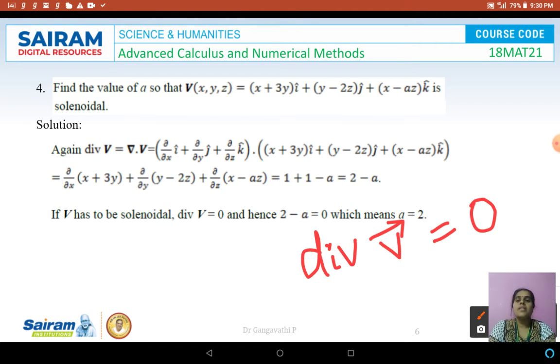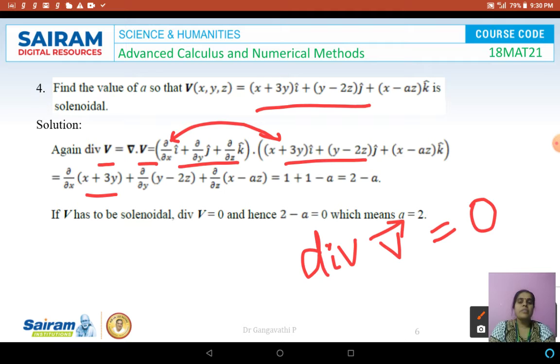So now consider the divergence of v, del dot v. Let us differentiate this partially with respect to x, y, z. Let us apply the divergence on it. So del dot v, del is nothing but this and the given vector is this. So dou by dou x operates on the i component, so we get dou by dou x of x plus 3y.